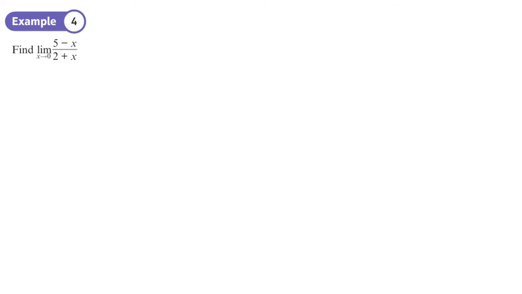Okay, so here we've got find the limit as x tends to 0 of 5 minus x over 2 plus x. Here we're going to use the algebra of limits, and the algebra of limits says that if I want to find the limit as x tends to a of a function over another function, then I divide the limits.